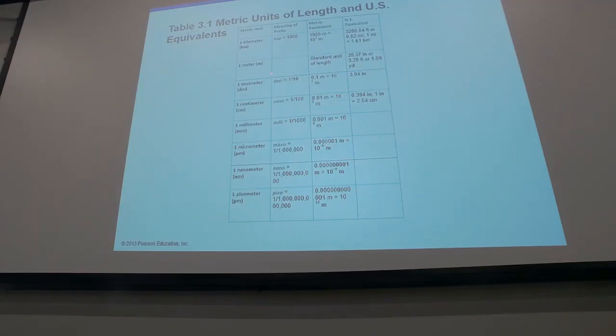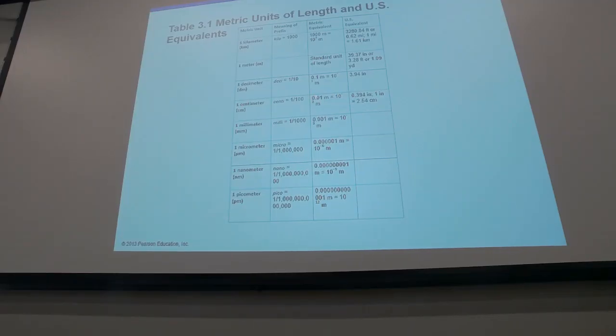1 decimeter, or dm with lowercase again, is 1/10 of a meter. Deci is 1/10. So it will be written 0.1 meters or 10 to the minus 1. Anytime you have a point and then a number to the right of that point, that means something.